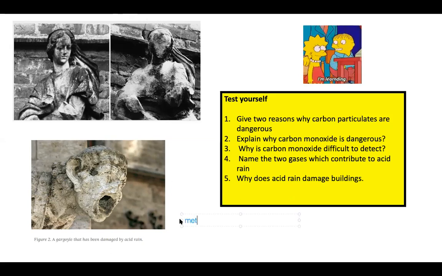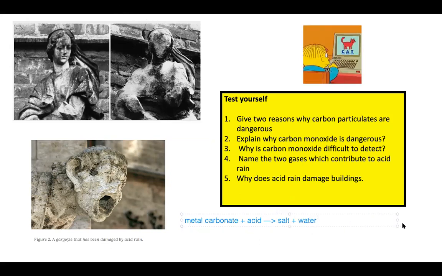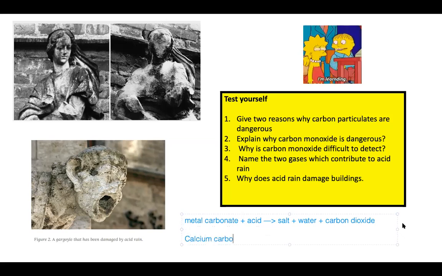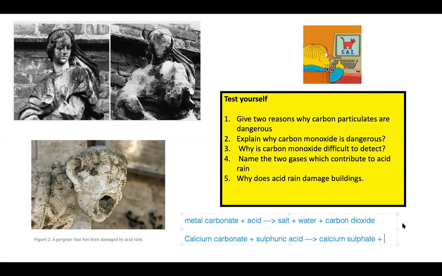So remember, metal carbonate plus acid gives you salt plus water plus carbon dioxide. So if we have calcium carbonate, which is limestone, and that reacts with sulfuric acid, we get calcium sulfate plus water plus carbon dioxide.